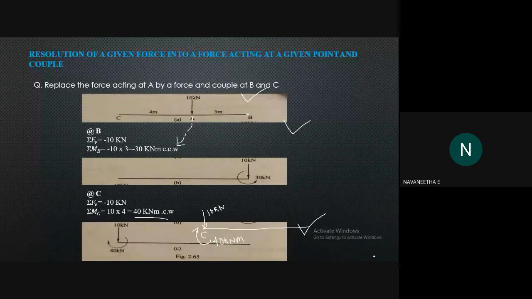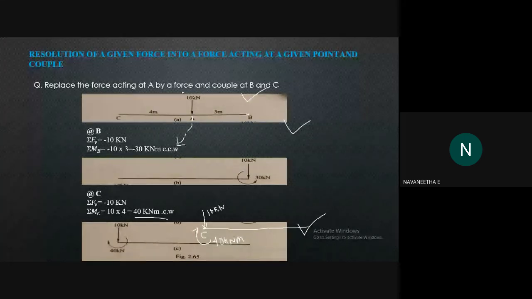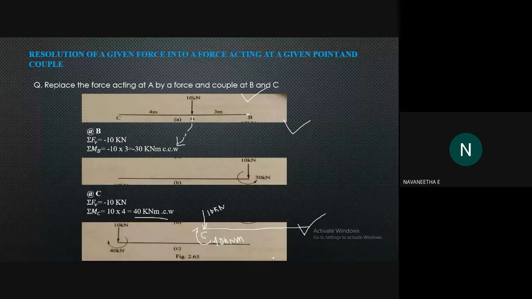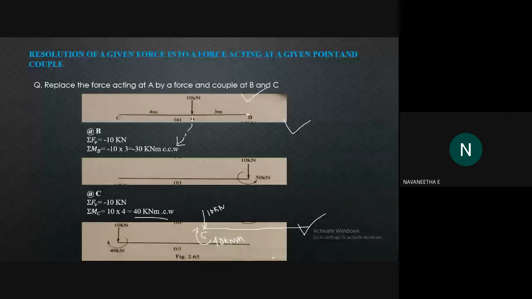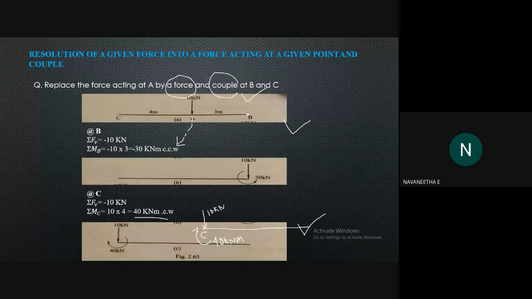So the question should be like this: replace the force acting at A by a force and a couple at B and C. We can replace any force from one point to another point by a force and a couple.